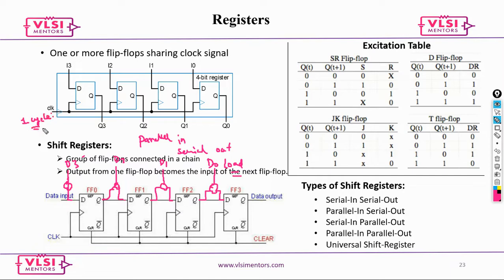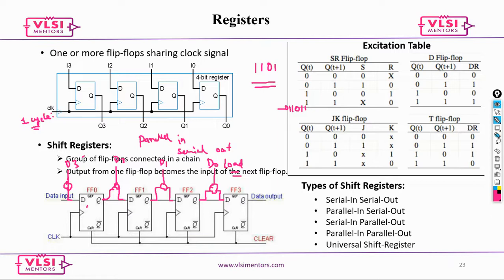Now you have all of them loaded. To get all of them out, how many cycles do you need? Can you guys tell me? Let's say I'm trying to load 1101.